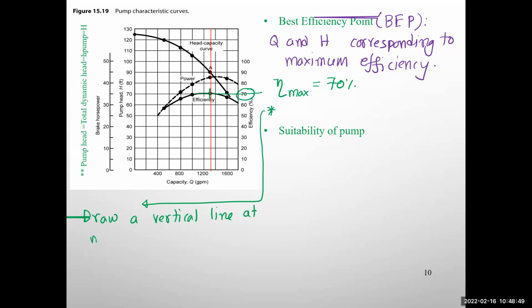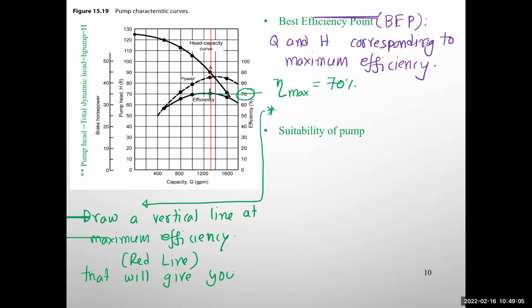So draw a vertical line at maximum efficiency, the red line. That will give you Q and H at maximum efficiency, and those are called BEP.